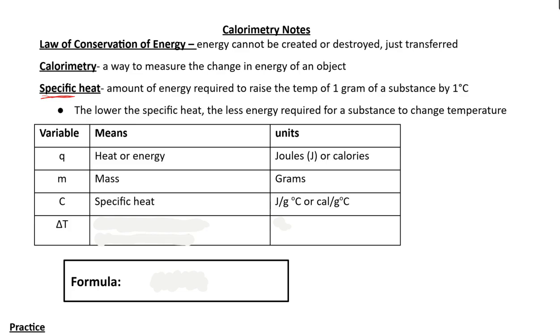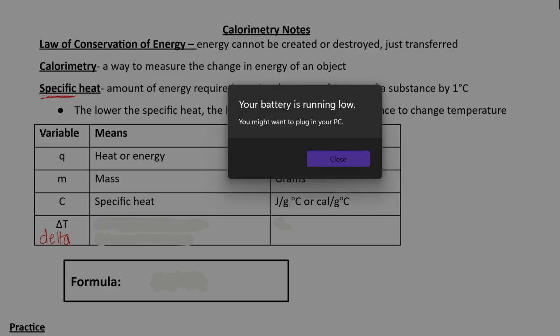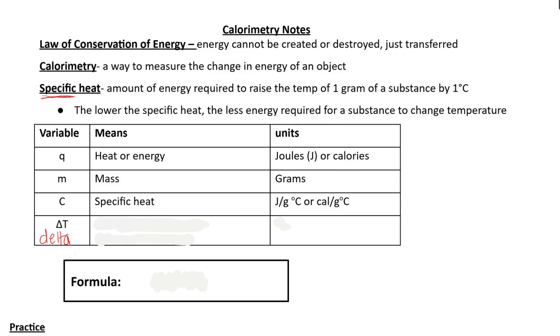Okay, we pronounce that triangle as delta, delta T. So that triangle we really pronounce as delta. And so this really means the change in temperature. Okay, so delta T or change in temperature.